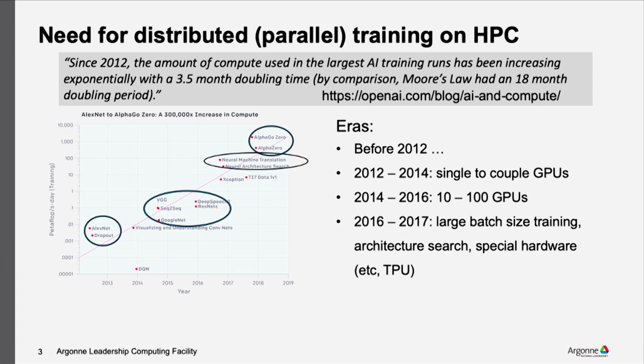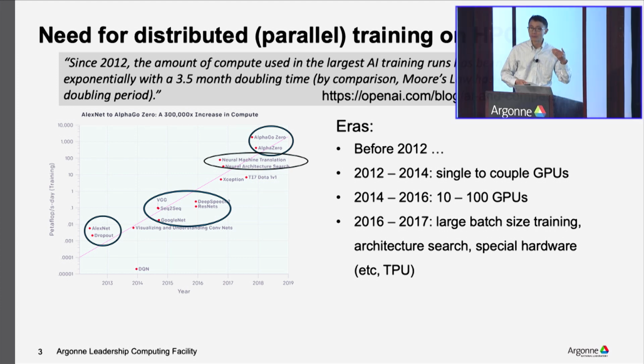I would also like to point out that starting from 2017, 2018, people started to play with neural architecture search, where not only is the neural net designed by humans, but we ask the computer to find the optimal architecture. That increased the complexity of the problem by several orders of magnitude.